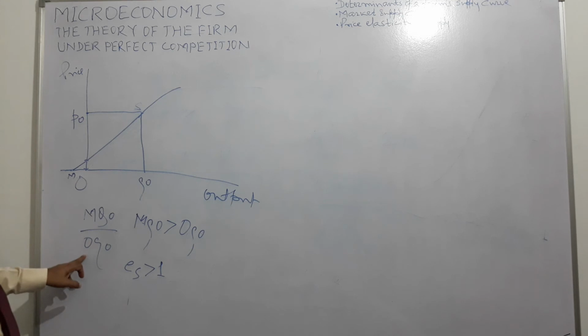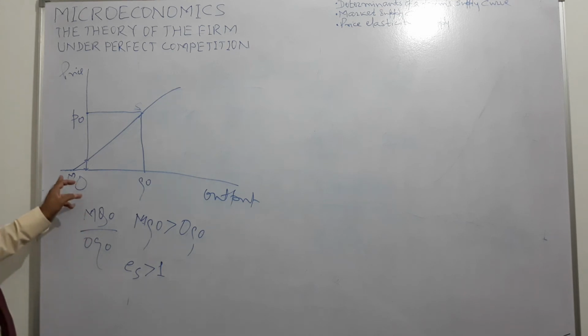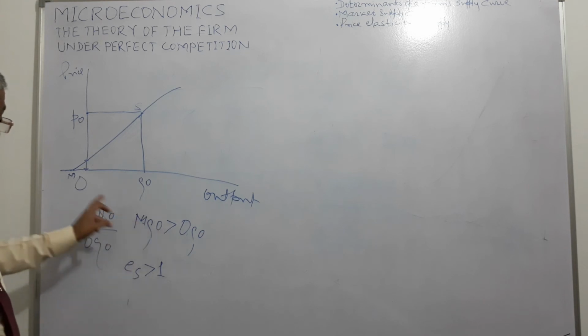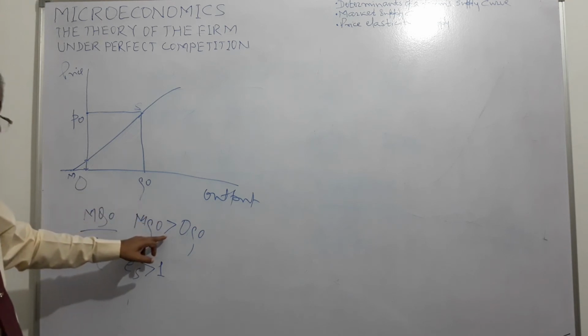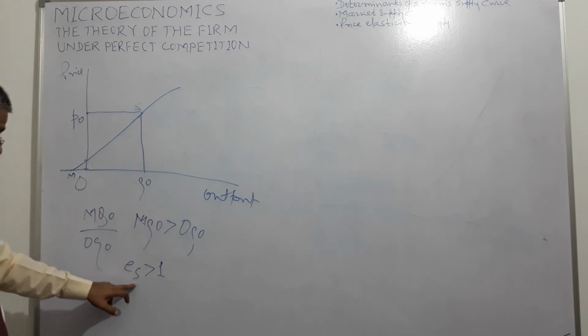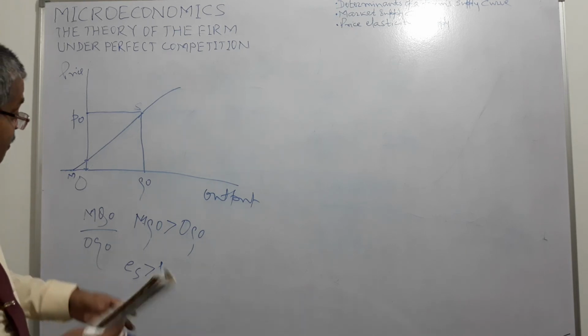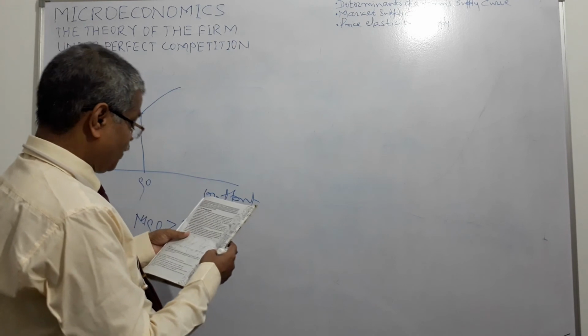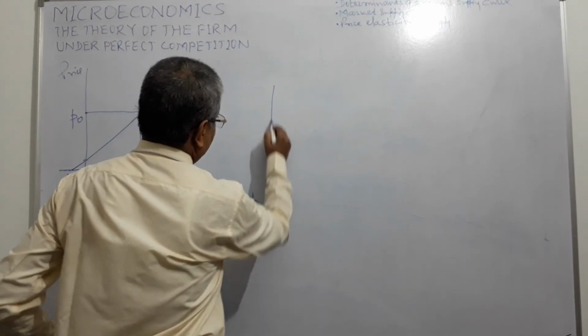MQ0 upon OQ0. So you will find that MQ0 is greater than OQ0. So price elasticity of supply will be more than 1, right? Greater than 1.